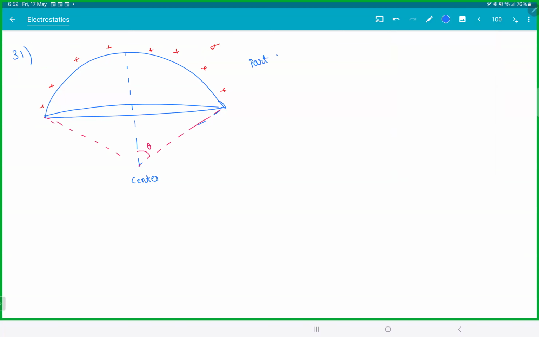This is a part of a hollow sphere. Meaning if I take theta is equal to 90, I'll get hemisphere. If I put theta 180, I'll get full sphere. Meaning if I had completed this, it would have been like this. It is a part of a hollow charged sphere. Find the field at the center.